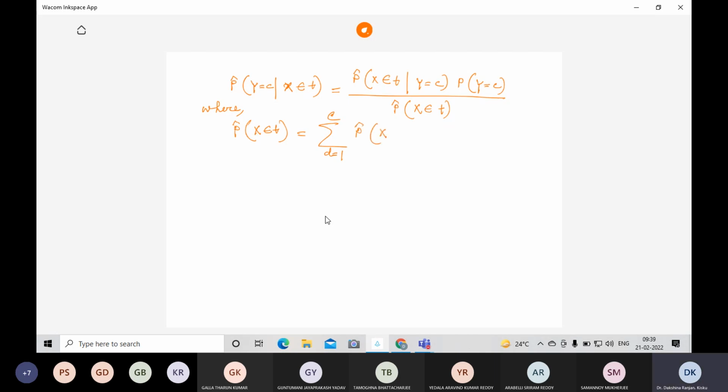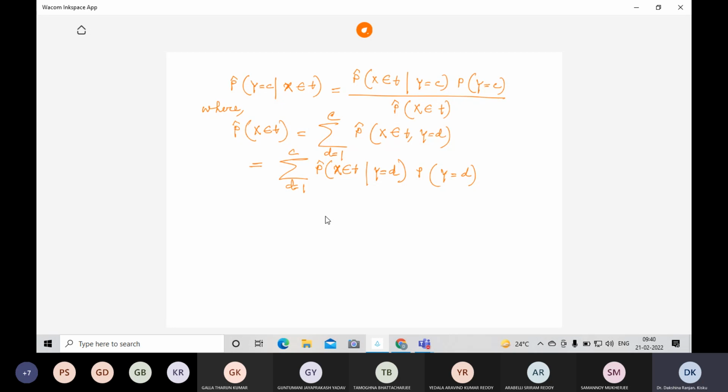Now we are writing the joint probability distribution P cap of X belongs to T, Y equals D. And in place of this joint probability, we can write the summation over D equals 1 to C of the probability of X belongs to T given the class information D, multiplied by the prior probability Y equals D.